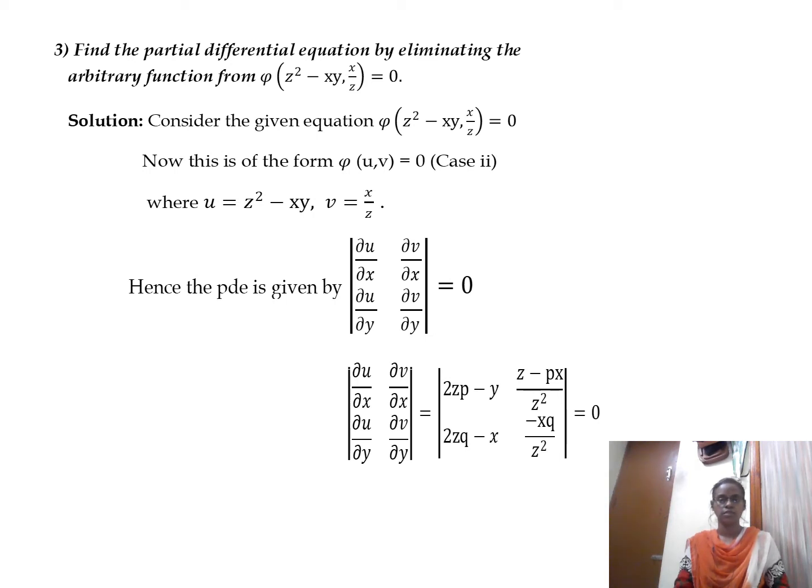Of course, x is sitting as a constant into dou z by dou y, which is q. So that is why here we have minus x by z squared into q equal to 0. Just what we need to do here is taking the determinant and simplifying, you will reach this solution, which is the required PDE, and of course there is no function involved in the final answer.